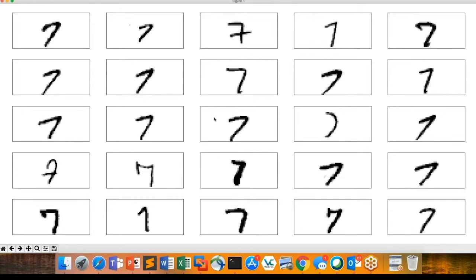Some people cross the 7. Some people do 3 lines, a little cap on the 7. So there's a few different ways of doing that, and that's true of many other numbers. And some people write their 7s very poorly, just like 1s, as it turns out.